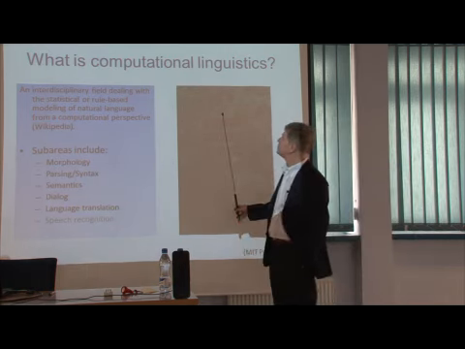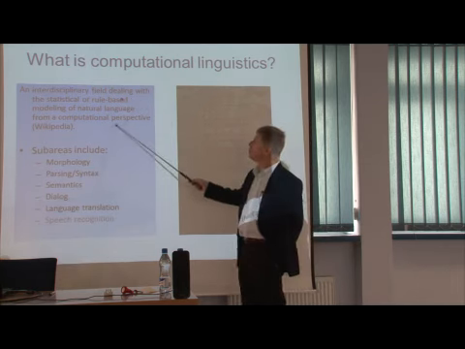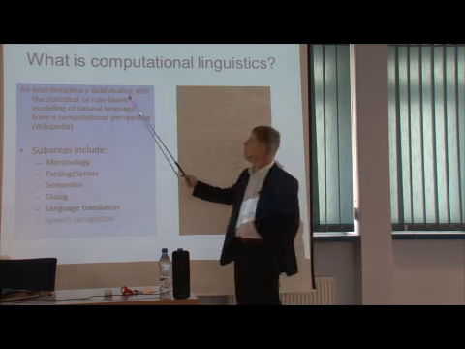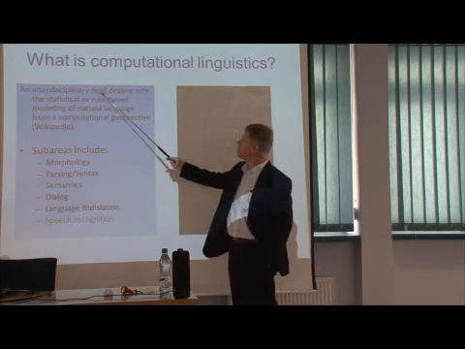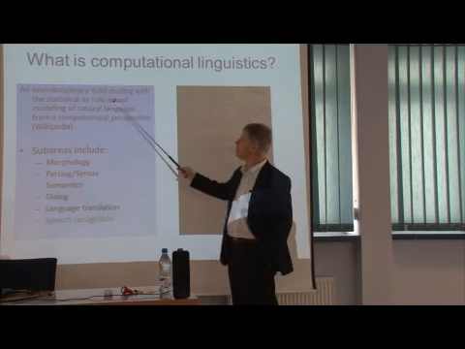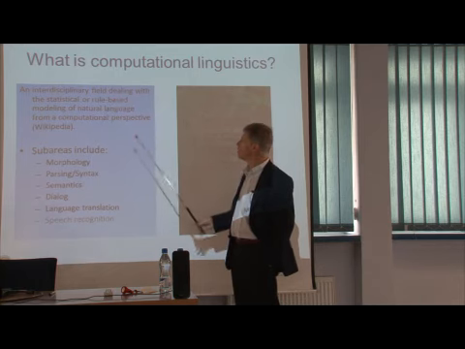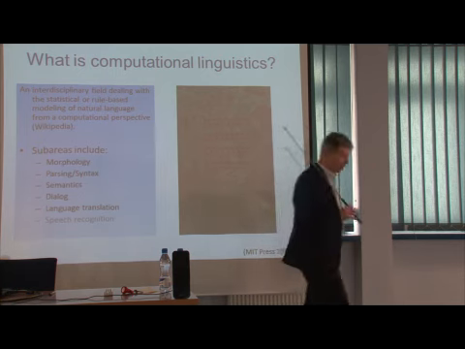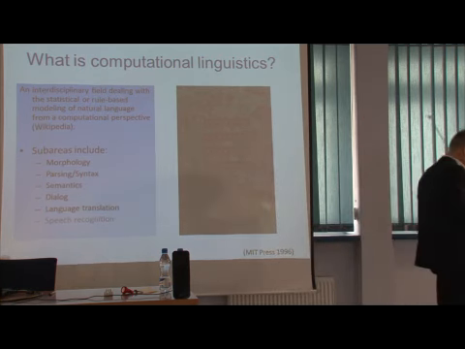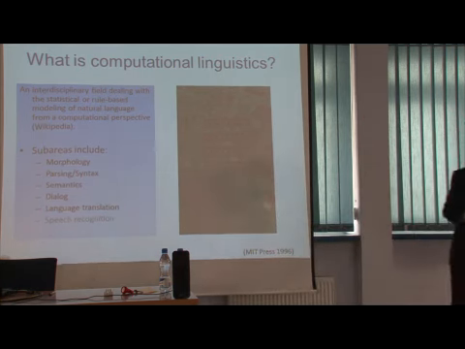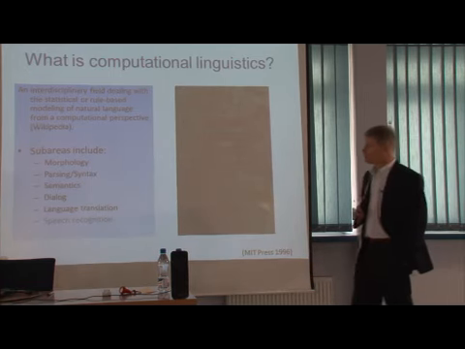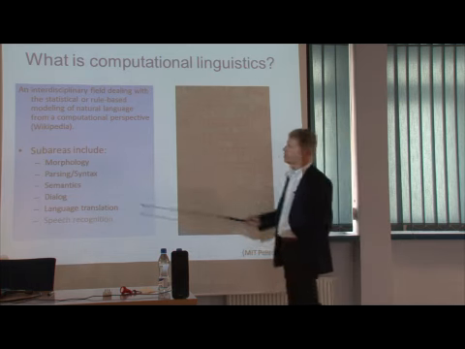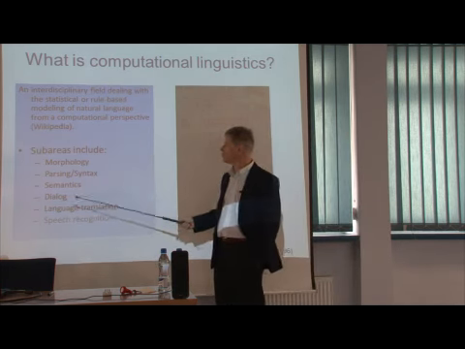And this is a part of a Wikipedia definition. So computational linguistics is a field dealing with statistical or rule-based modeling of natural language from computational perspective. So it's not what the traditional grammarians have been doing, but rather trying to get their insight into computational forms.